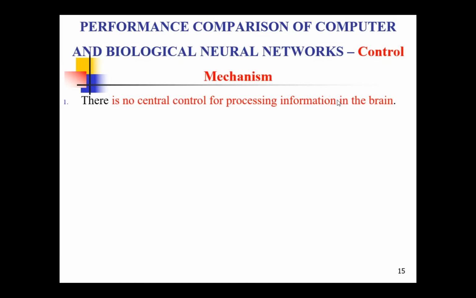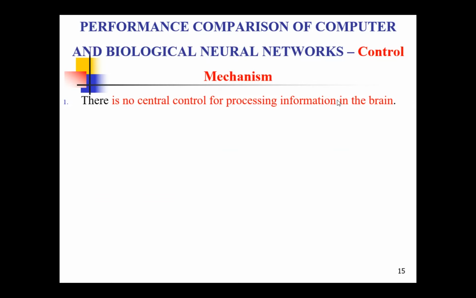The control mechanism. There is no central control for processing the information, because in each and every neuron, the nucleus acts as the central processing unit. So it is a distributed system. There is no central control mechanism since each and every neuron is a central processing unit.